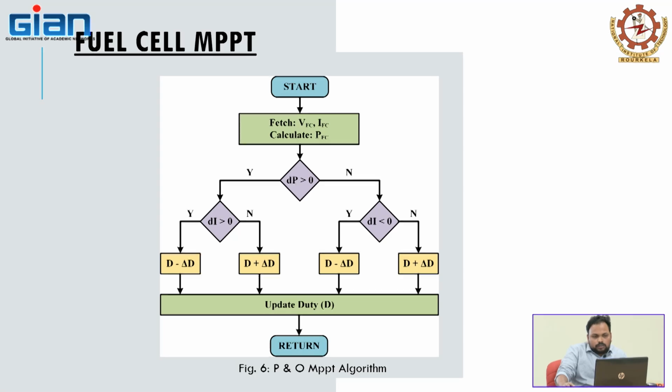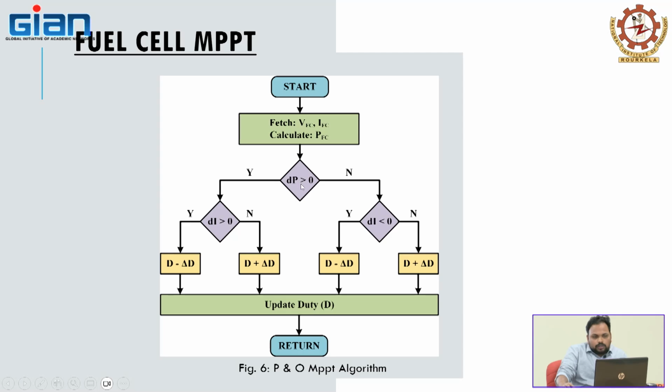But with the fuel cell system, we check the change in current with respect to the change in power. So if the change in current is greater than 0, then the duty cycle is slightly reduced to meet the exact duty cycle. And in the opposite scenario, the duty cycle will increase.